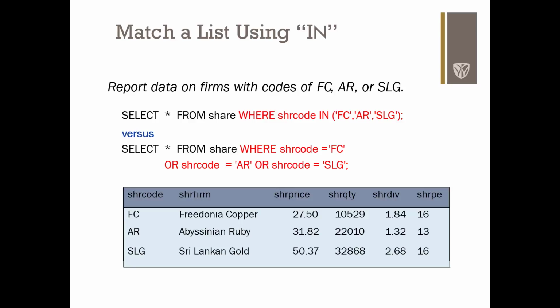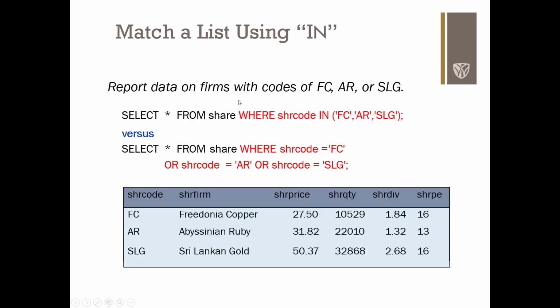In addition, we can use in to try and reduce the complexity of our SQL query. The bottom one shows select star from share where share code equals FC or share code equals AR or share code equals SLG. If you can imagine you have 10 or 12 of these linked together, your query gets quite lengthy and complicated.